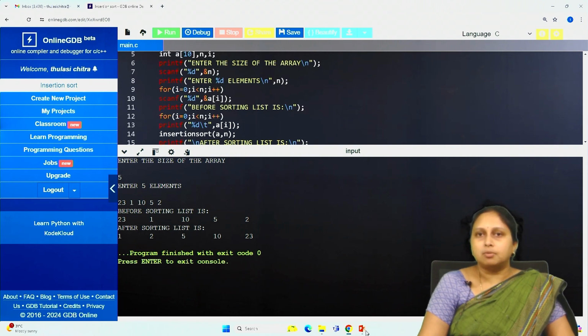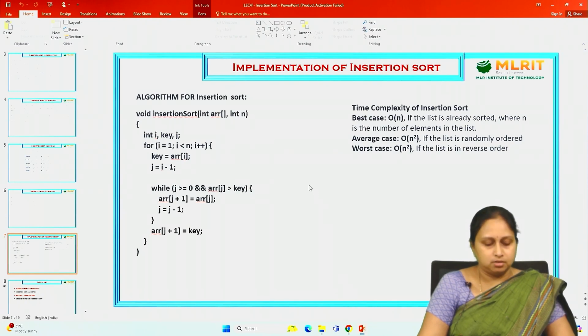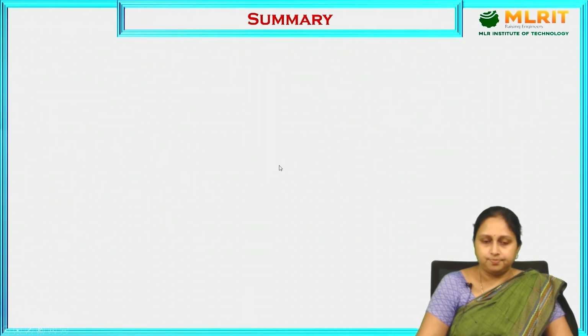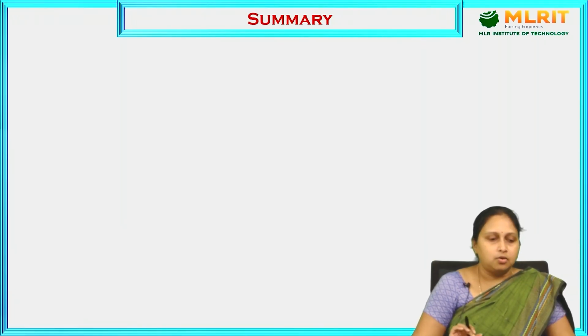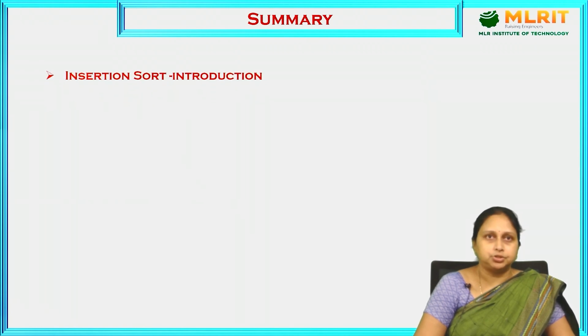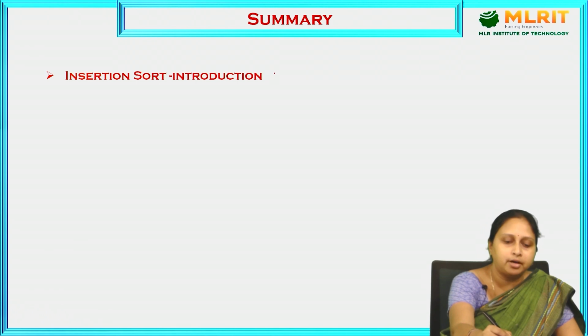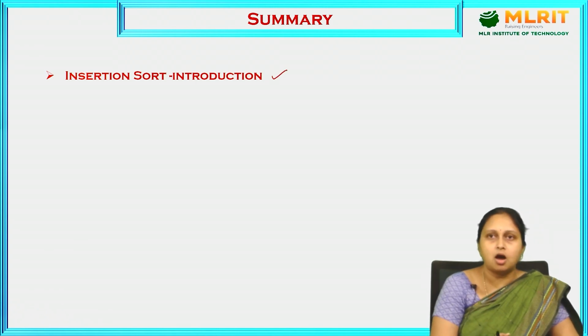Now let us come to the summary of our insertion sort. Yes, what we have seen in this session. In the insertion sort, we have seen the introduction, how the logic works and what an insertion sort is.